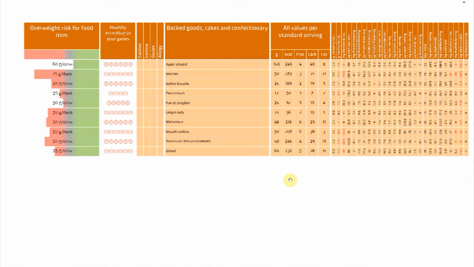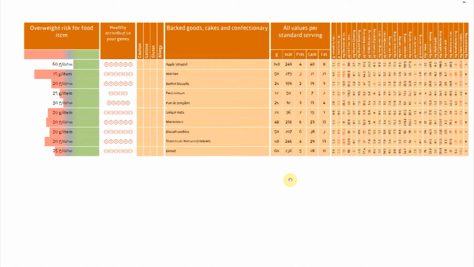And for one thing, what is important for the weight management aspect, in case you have ordered this, you will see these bars here. And these bars and these numbers will likely be different for you because it's based on your genes. They're all personalized. So what we find here is that apple strudel, as I've explained, has less weight gaining potential than waffles would.